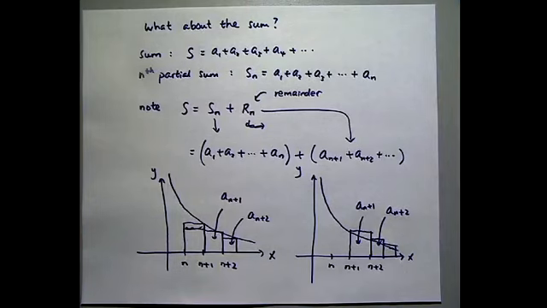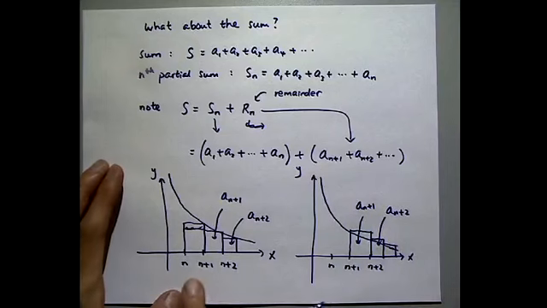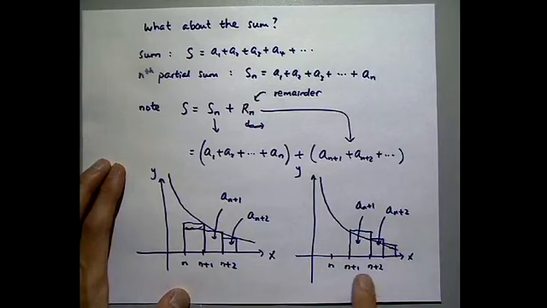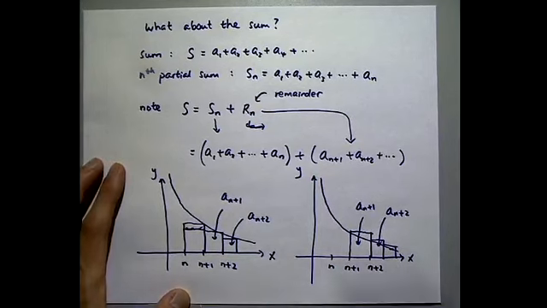So what this is saying to me is all of these remainders, when I add them together, have got to be somewhere between the integral from here and the integral from here. One is smaller, one is bigger.